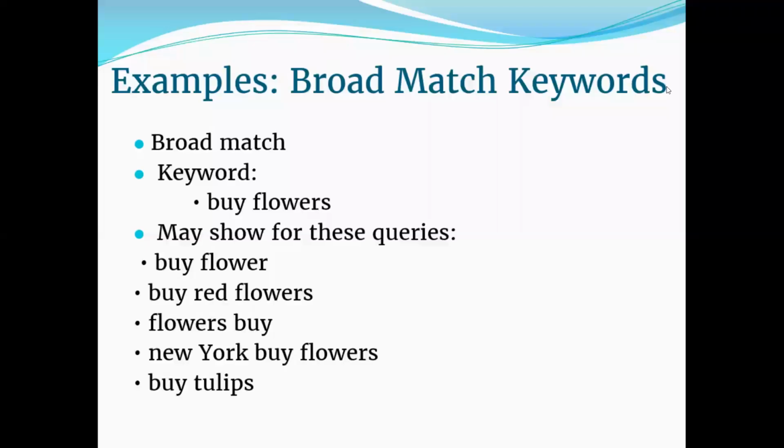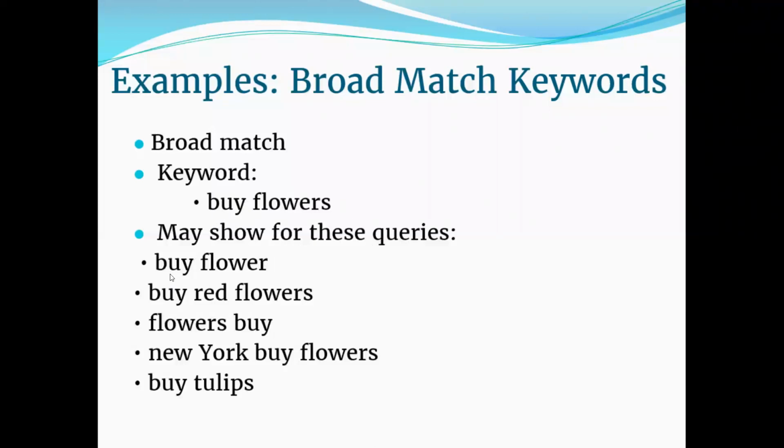See here. First one, what is that? Broad match. What is my keyword? Buy flower. May show for these queries: buy flower, buy red flowers. What is my keyword? Buy flower. The user can search any keyword that is showing my ad. I'm searching for buy flowers. What are they showing for?